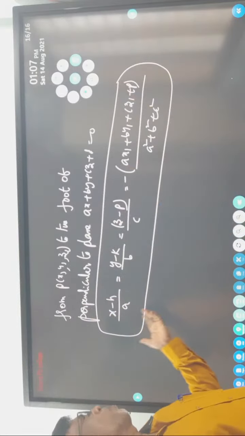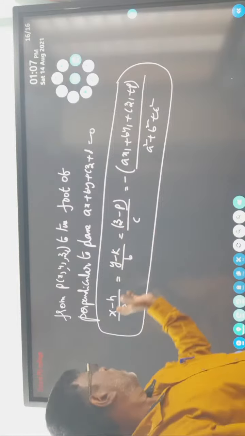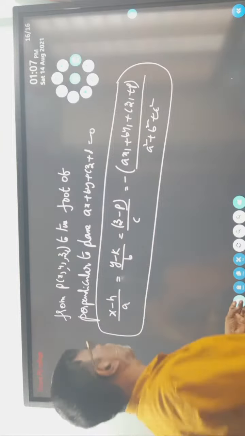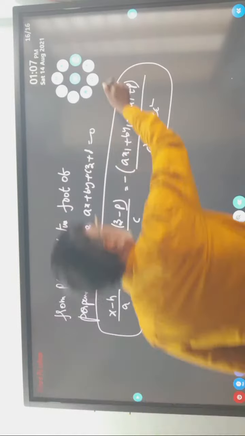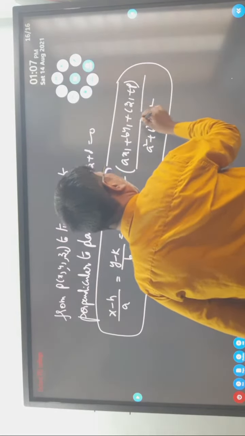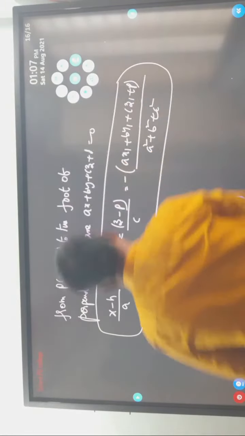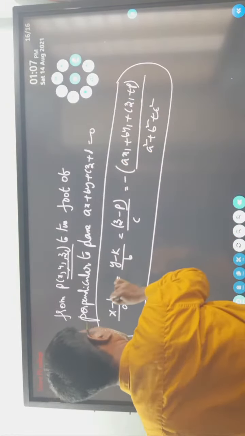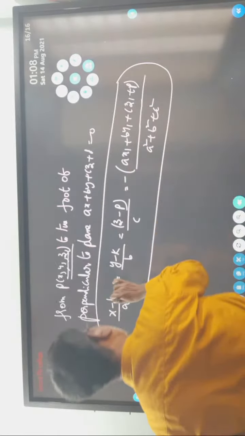(x - h)/a = (y - k)/b = (z - l)/c, where the point is given as (x1, y1, z1), the point from which we drop the perpendicular. You take the point like this. So (x - x1)/a = (y - y1)/b = (z - z1)/c = -(ax1 + by1 + cz1 + d)/(a² + b² + c²).